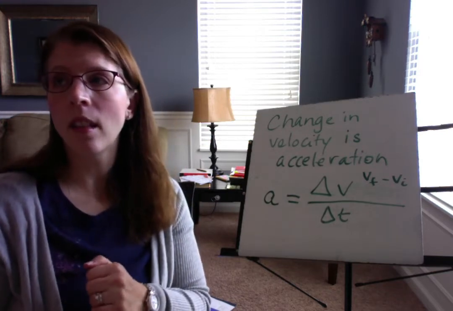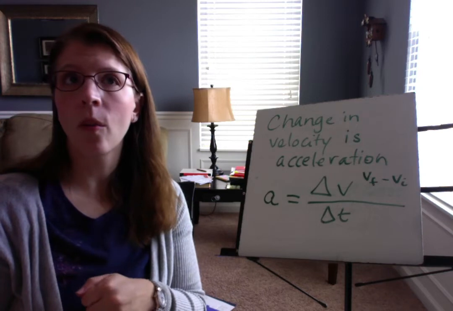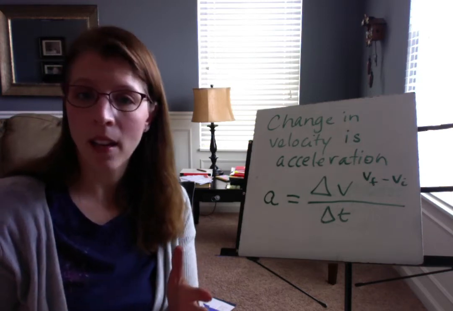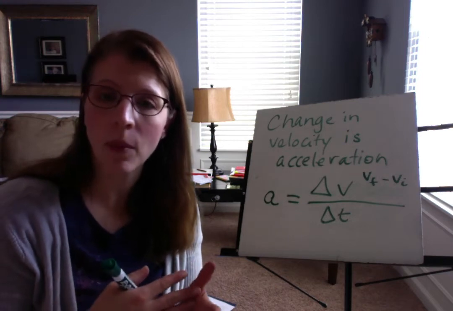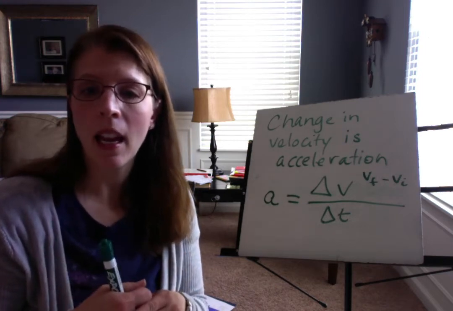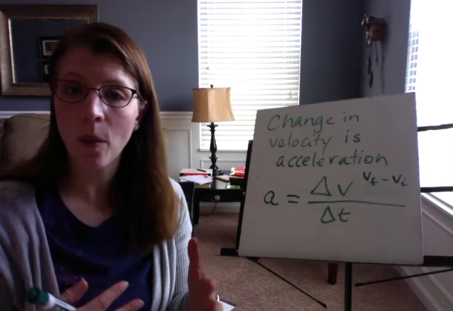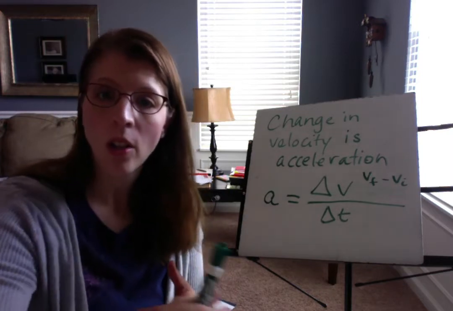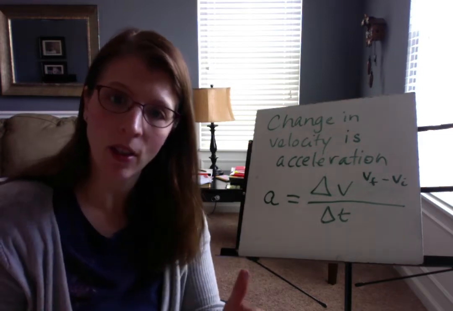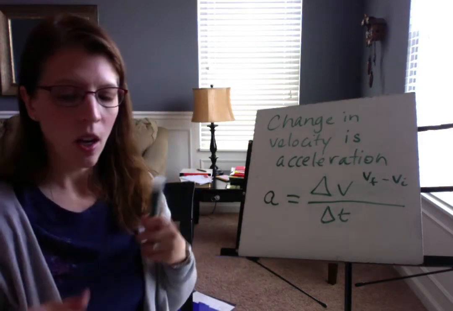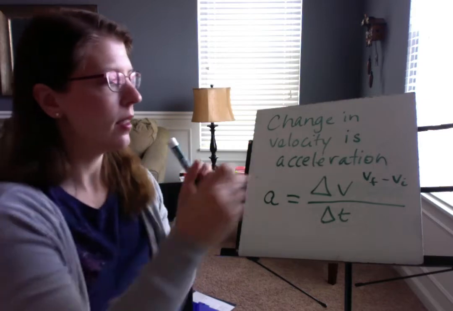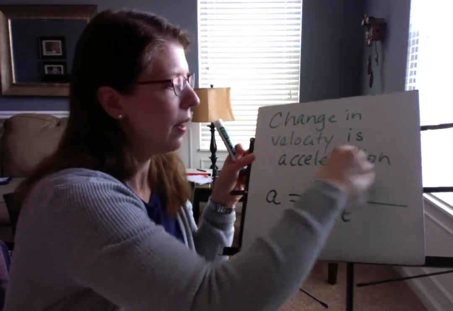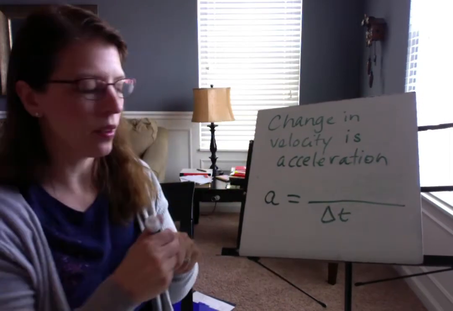So let's say the car was traveling at 5 miles an hour when it entered the expressway ramp, and then over the course of 20 seconds it sped up to 65 miles an hour. So what was the change in velocity? Well, to keep things positive, we write the final velocity first.